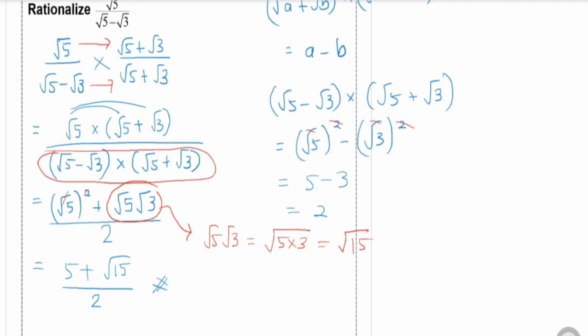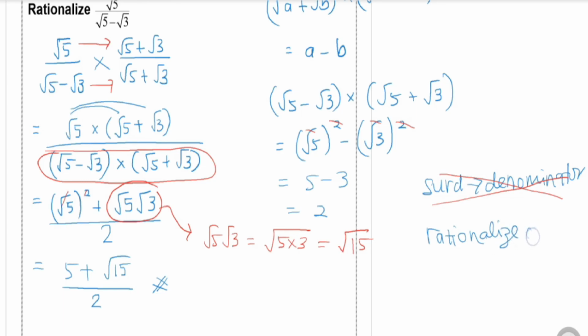So for the conclusion, to rationalize the denominator, first, we cannot have a surd in the denominator. So, to rationalize the denominator, we have two methods.